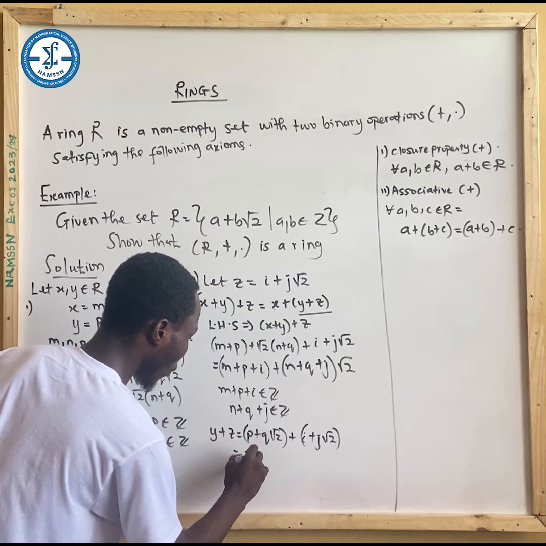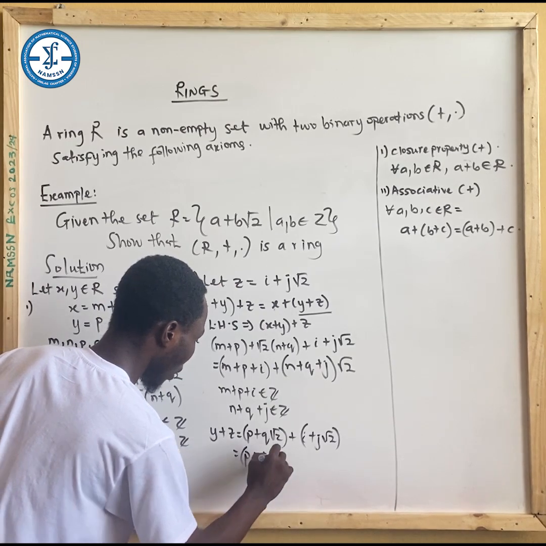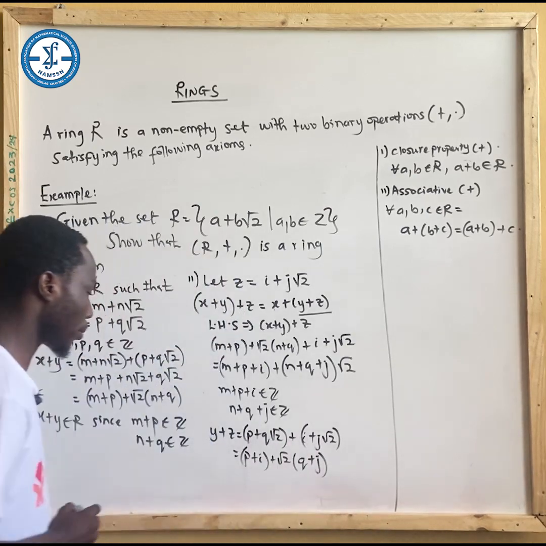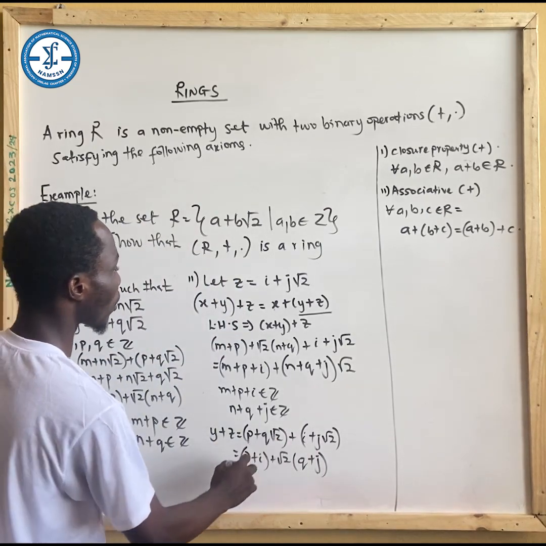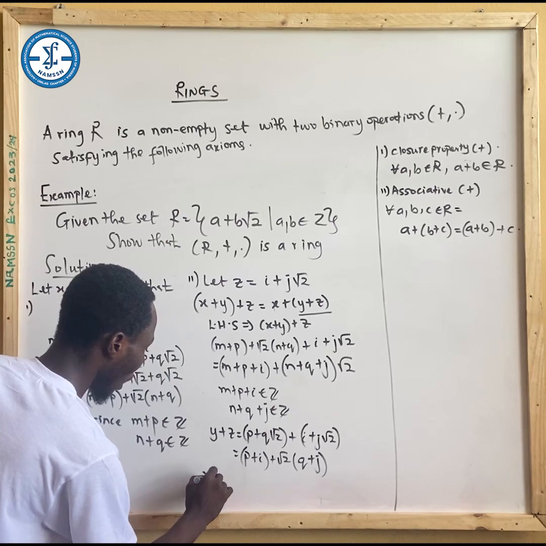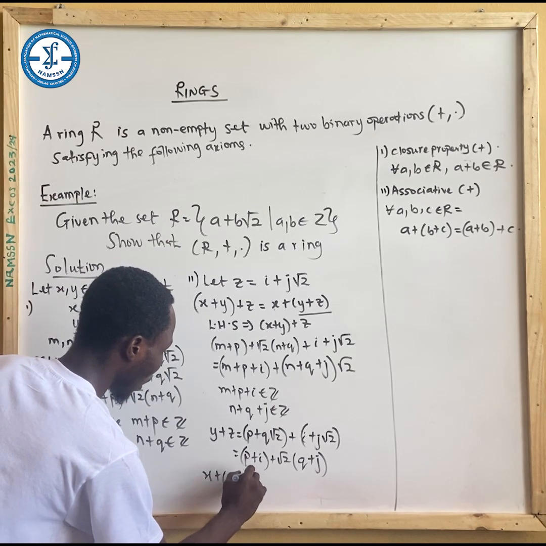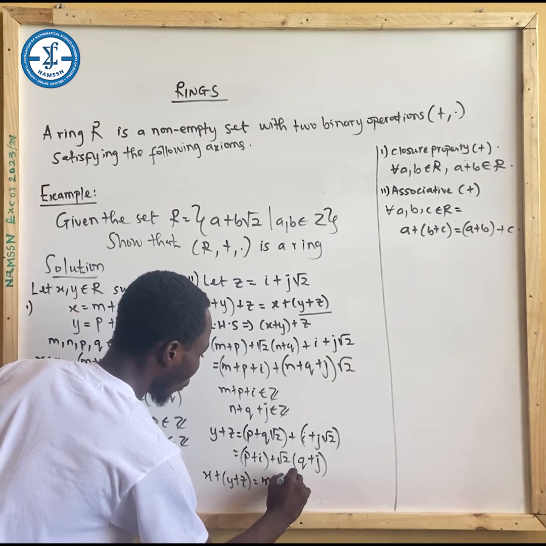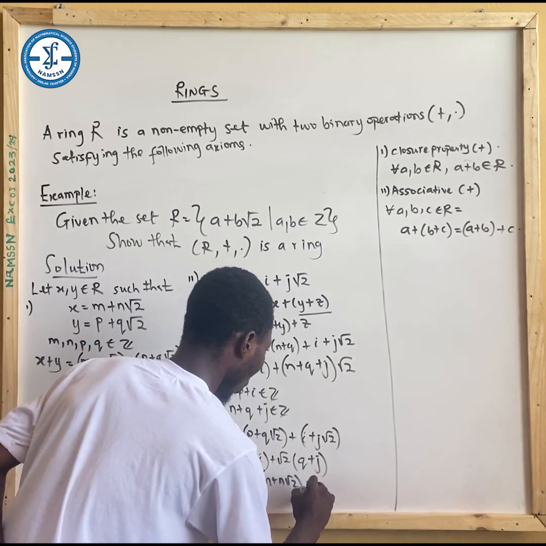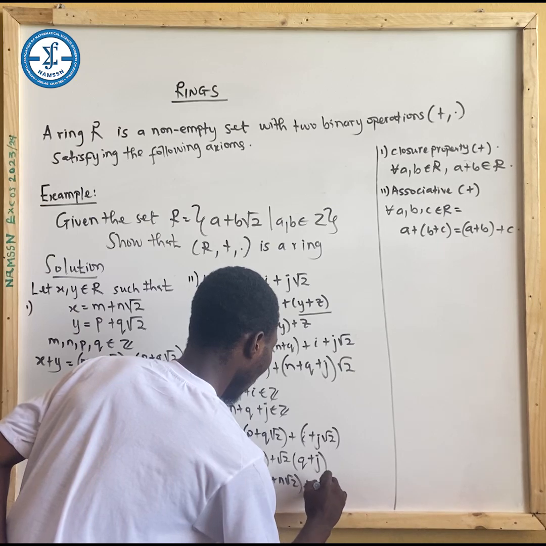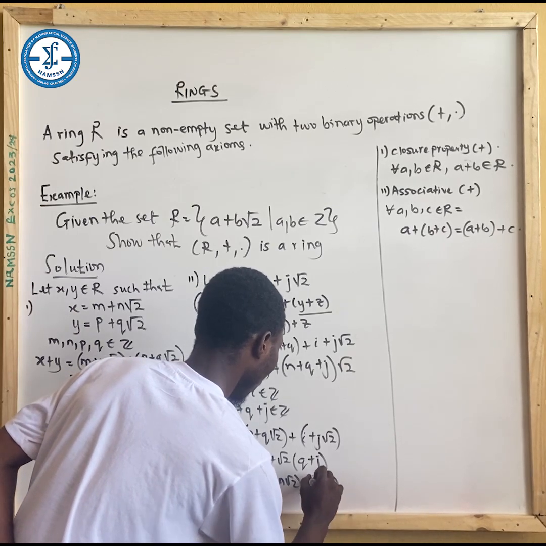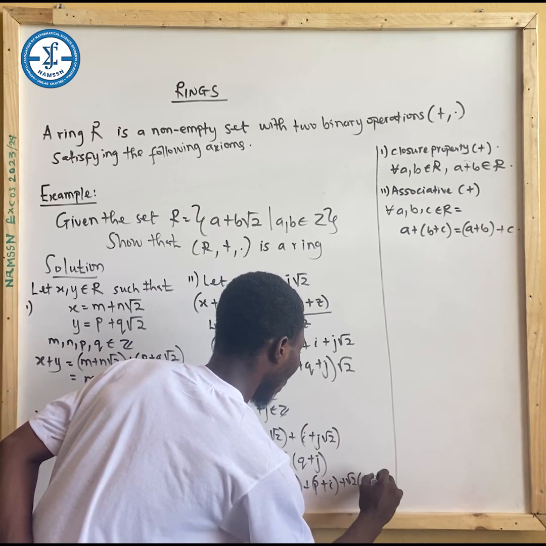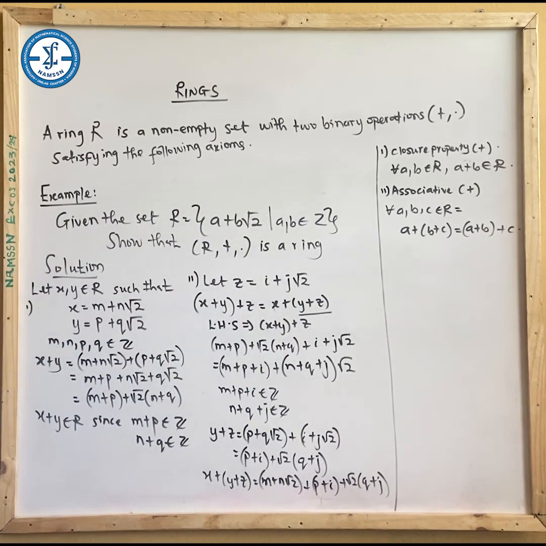So I'm going to have p plus i plus root 2 open bracket q plus j. So this is y plus z. Now add it to x. So x plus y plus z equals my x, m plus n root 2, plus y plus z, that is p plus i plus root 2 open bracket q plus j.